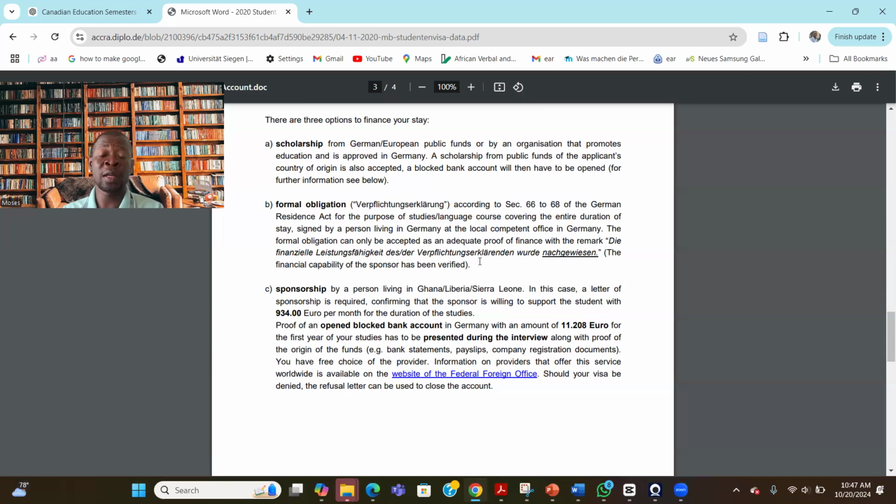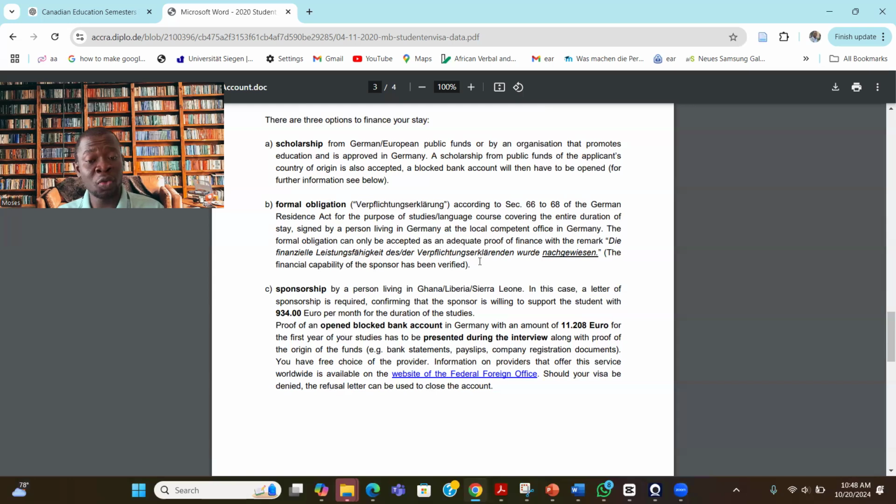This is the place that issues this letter. When they go, they say, I have this person, I want to sponsor the person's education. Then they will look at the person's financial proof, look at his contracts, and look at his family background, and see if he qualifies to take care of you.